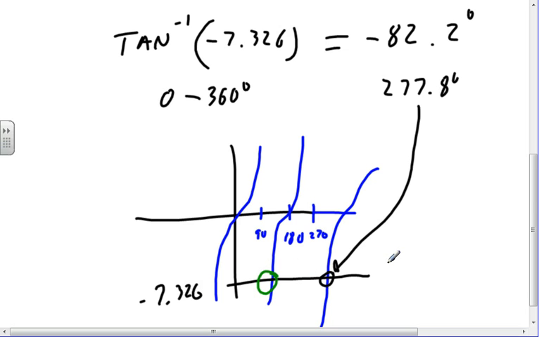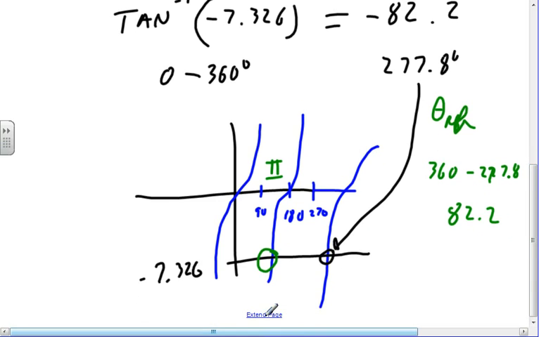Okay. So what I'm going to do is find the reference angle, and that's going to be 360 minus 277.8, 82.2. So my reference angle is 82.2, and then this answer over here is a second quadrant answer.